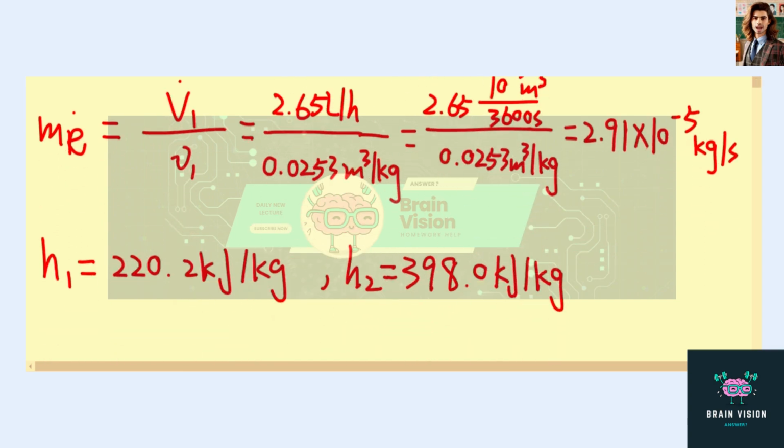And we know the initial enthalpy for the refrigerants is 220.2 kilojoule per kilogram, and the final enthalpy for the refrigerants is 398.0 kilojoule per kilogram.